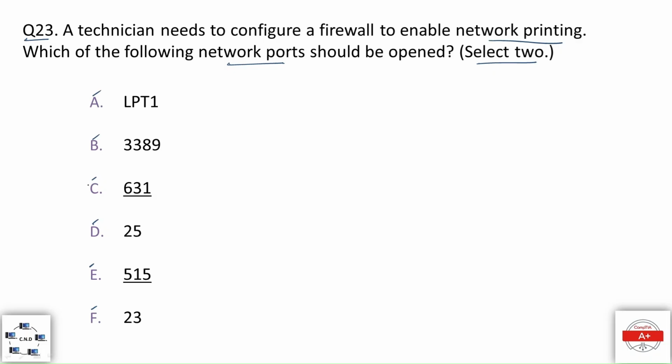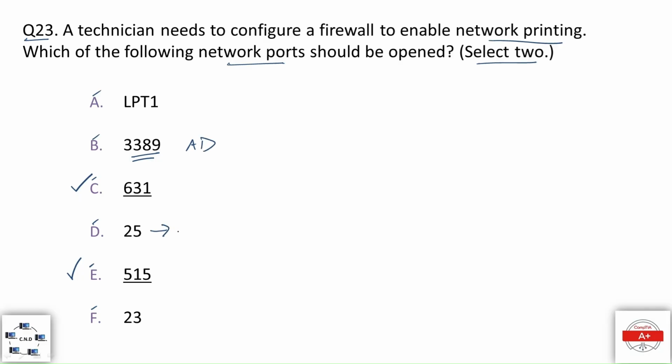the correct options are option C 631 and option E 515. So these are the two ports used for printing. So this one is, I think, the port used by Active Directory. We will see this in the explanation.